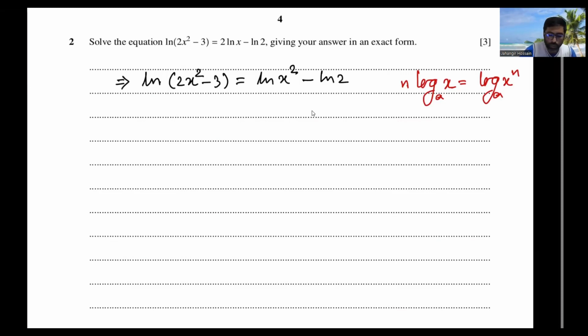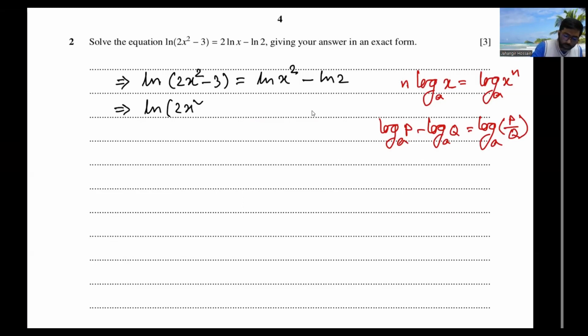Now to combine the two, remember the formula: log base a of p minus log base a of q equals, if you convert it into a single logarithm, log base a of p by q. So on the right hand side, we will have ln of x squared by 2.